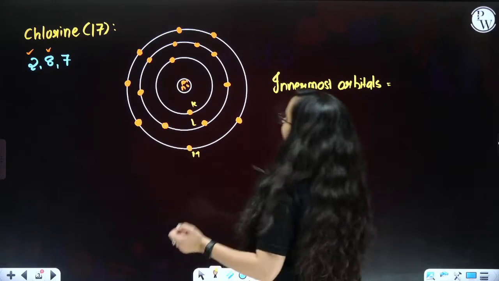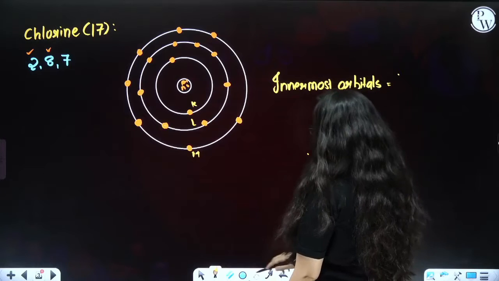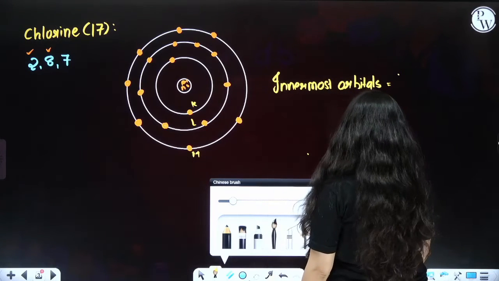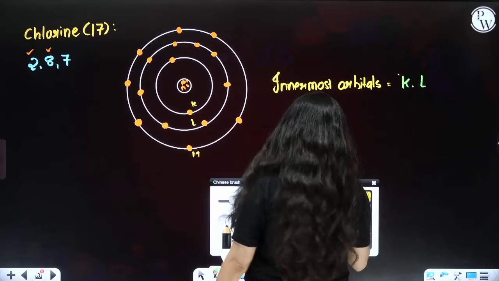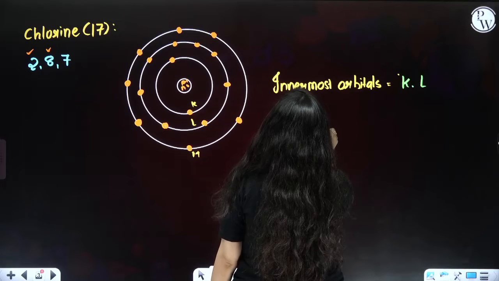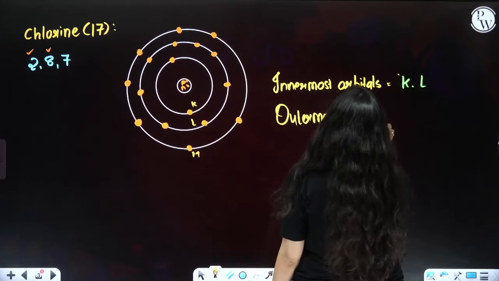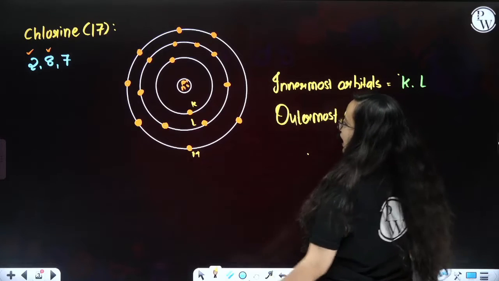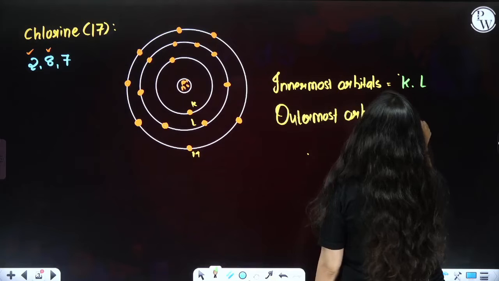So in this particular atom, the innermost orbits are K and L shell. But if you talk about the outermost orbit, which is the outermost orbit? M shell.